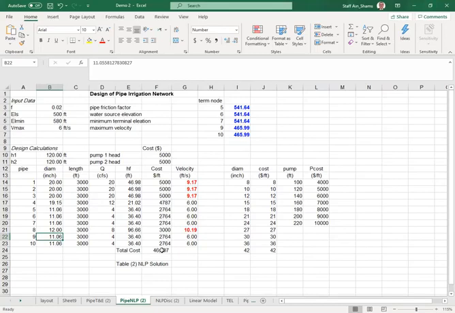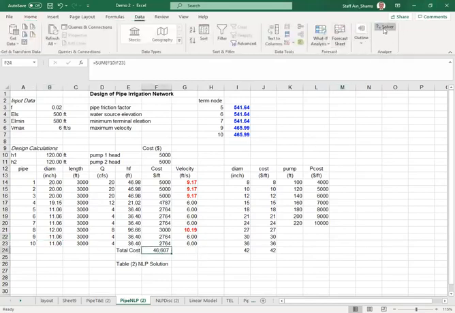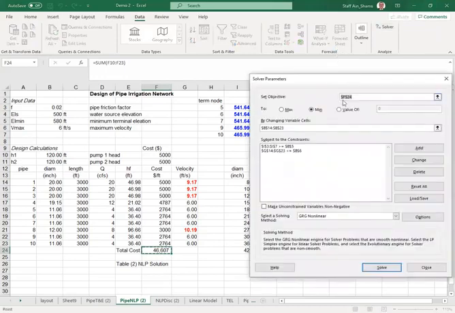Then we select the total cost cell and go to Data, Solver, to show that for this particular total cost cell, we would like to minimize it by changing the variables. In this particular case, I changed the diameters only, subject to 2 constraints. One of them is for the nodal head constraints, and the other one is for velocity through pipes.